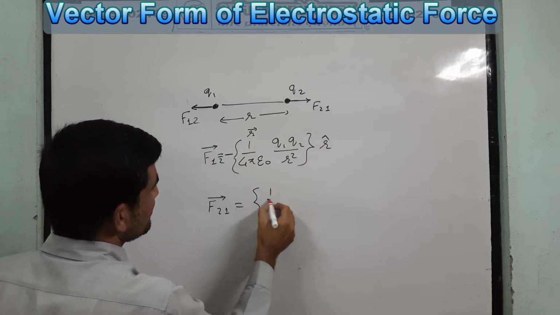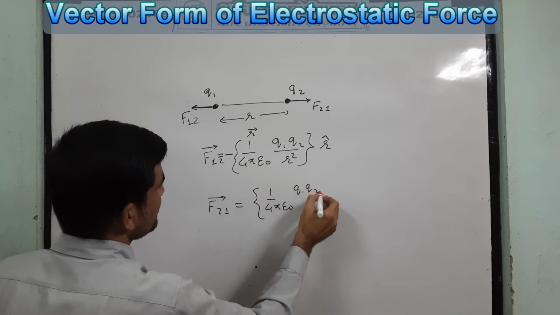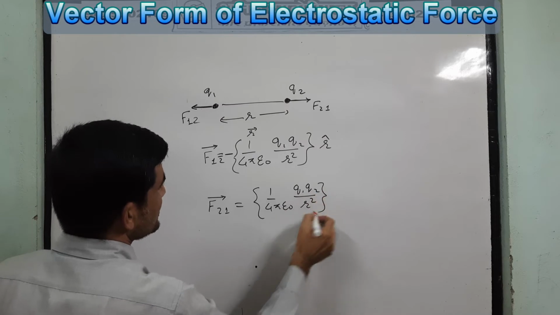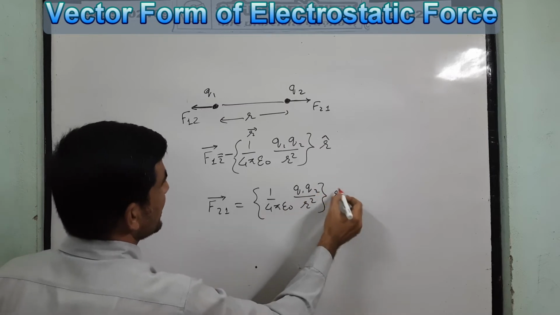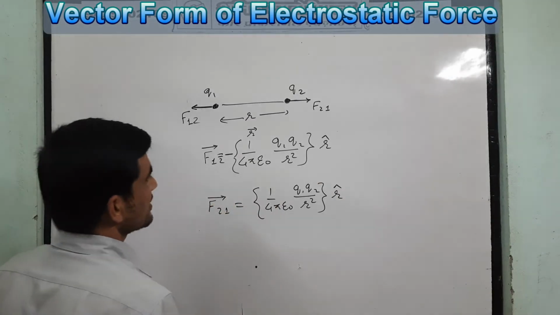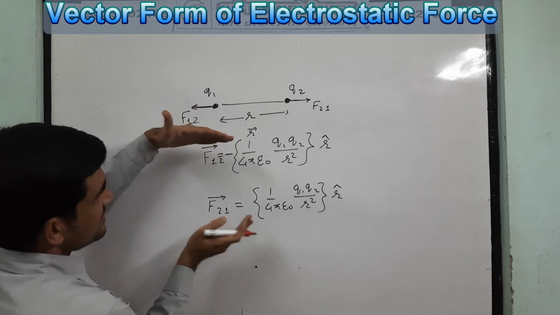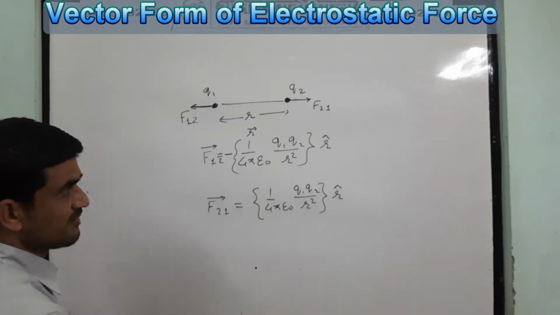So we write 1 upon 4 pi epsilon naught q1 q2 upon r square as the magnitude, and it acts along r, so r cap is used here. This is a very simple methodology of expressing the force in terms of vector.